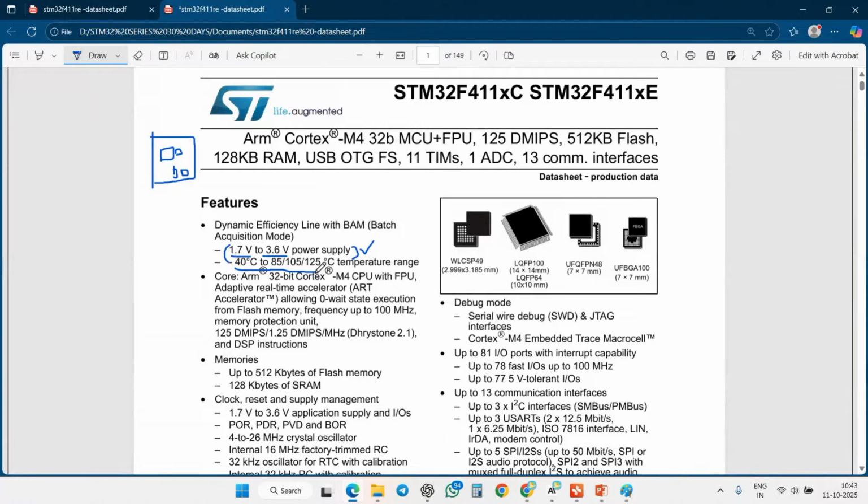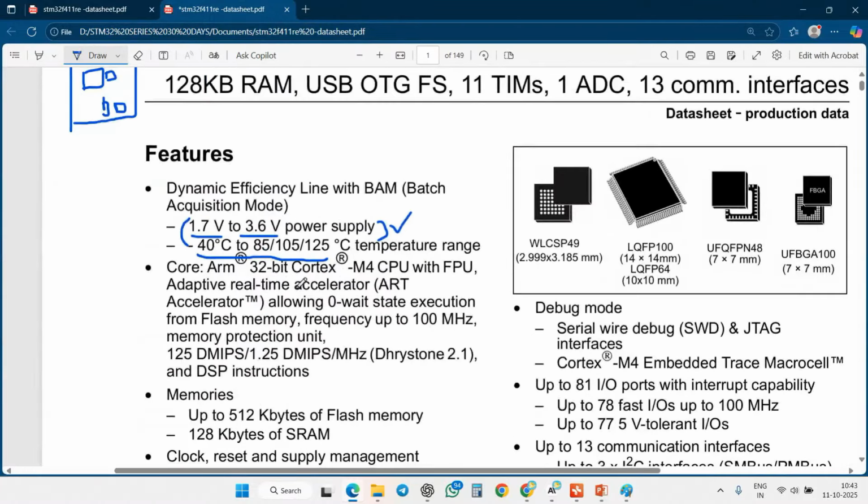So this microcontroller can work in these different environments, and it can sustain those temperature ranges. What are those? It can work at minus 40 degrees Celsius to 85 degrees, minus 40 to 105, and up to 125 degrees Celsius. So it can work up to those ranges.